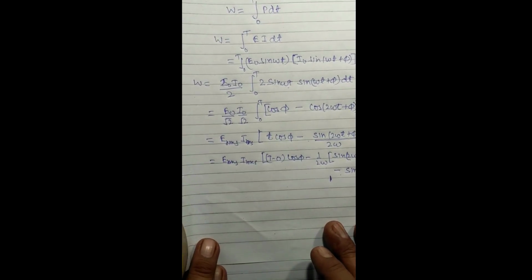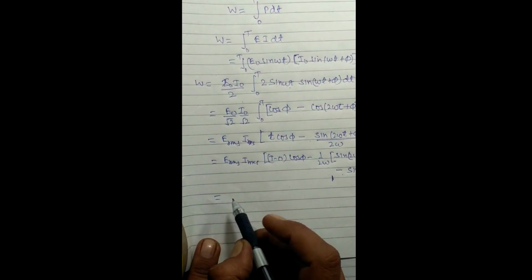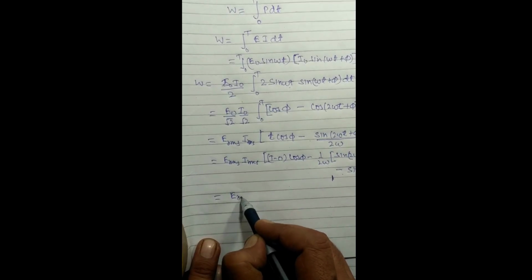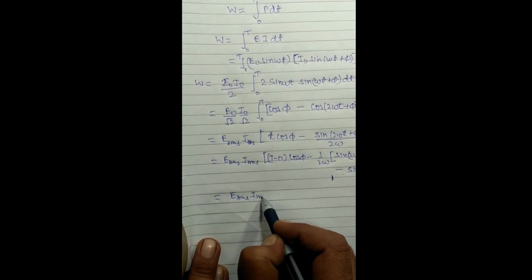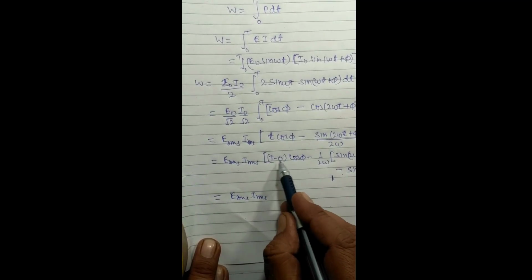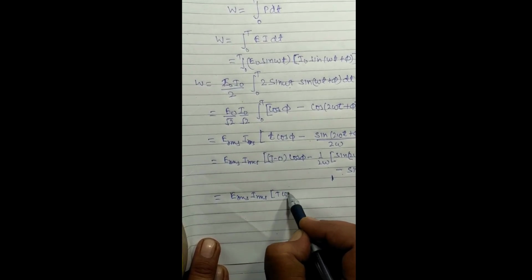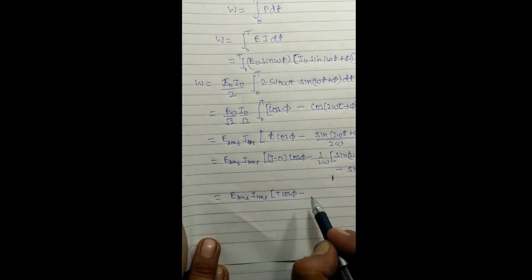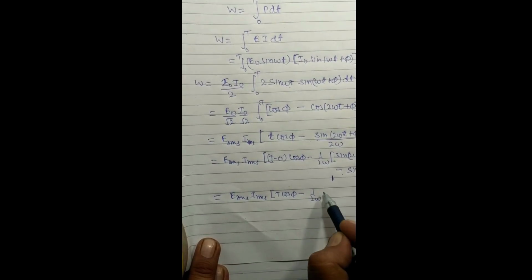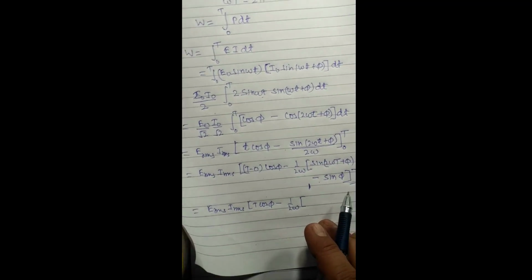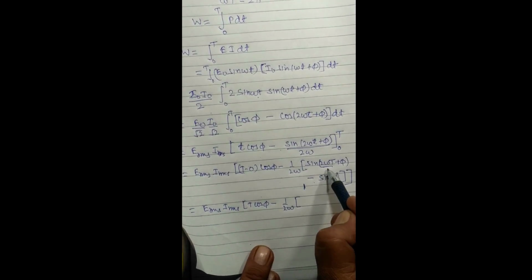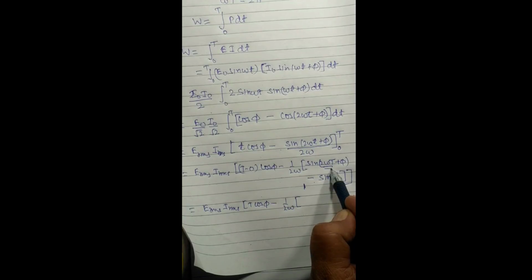Now here we get E RMS, I RMS. We are left with only T, so we get T cos phi minus 1 upon omega. So here, in this factor, 2 omega T, as I told you that omega into T becomes 2 pi.